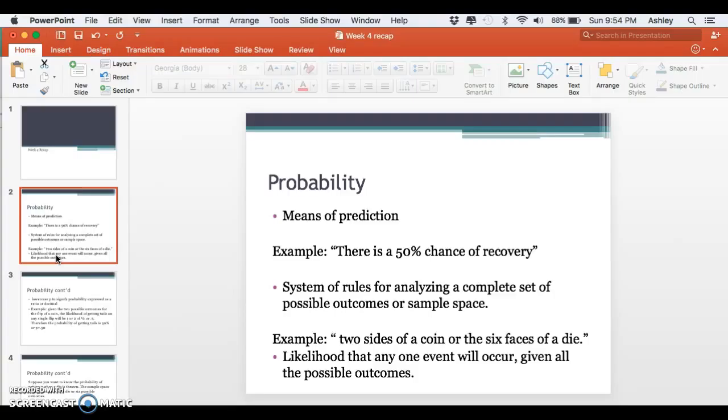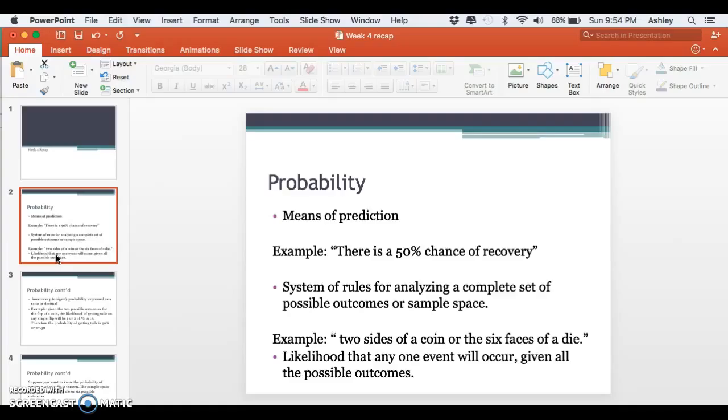And when you hear doctors or clinicians talk about recovery or whatever the case may be, probability is used everywhere. So we use probability as a means of prediction. For example, there is a 50% chance of recovery, or this operation has a 75% chance of success.